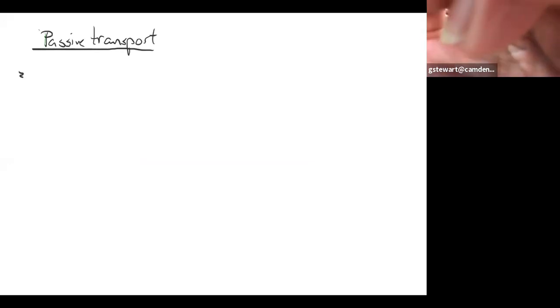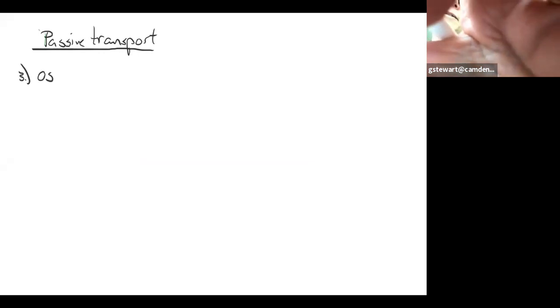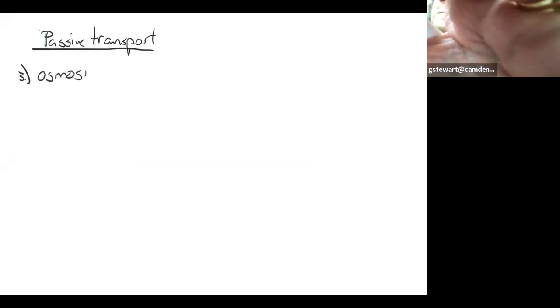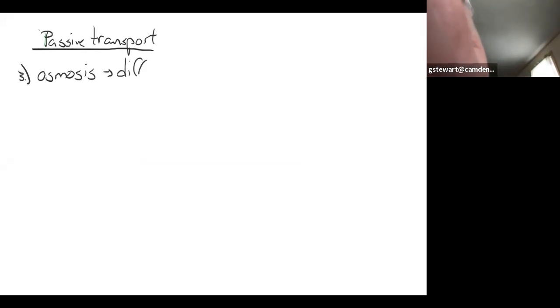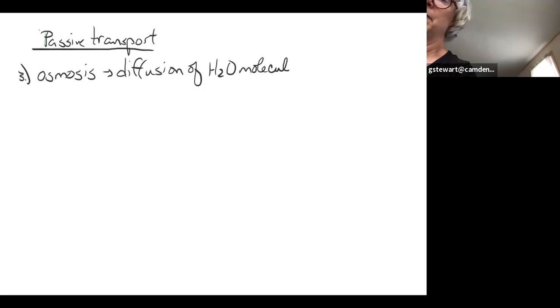And so number 3 is a process we call osmosis. And that is the passive transport or the diffusion of water molecules across the membrane of a cell. I'll put cell membrane.